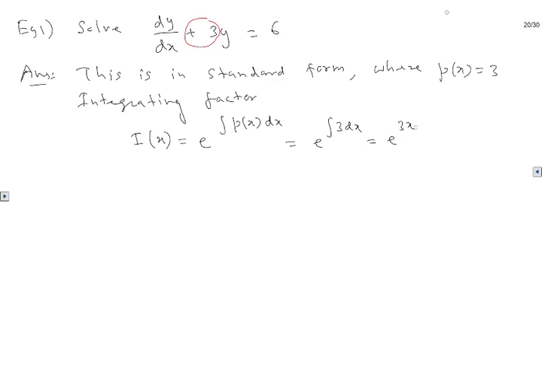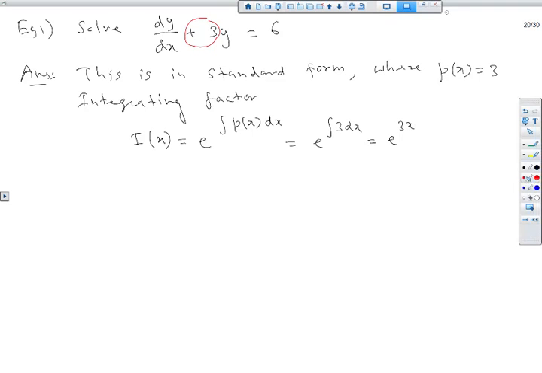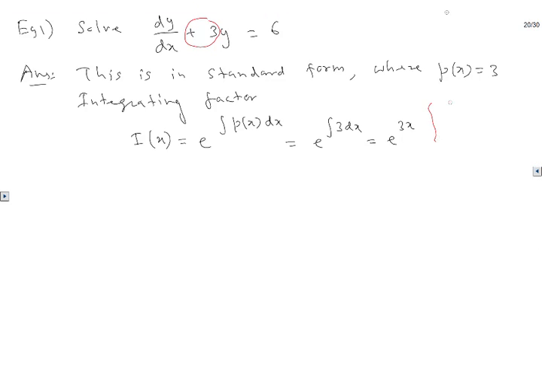It's a special case, because we are looking for only one solution. We don't need the general solution, we only need just one solution. So that's why we do not add a plus C here.